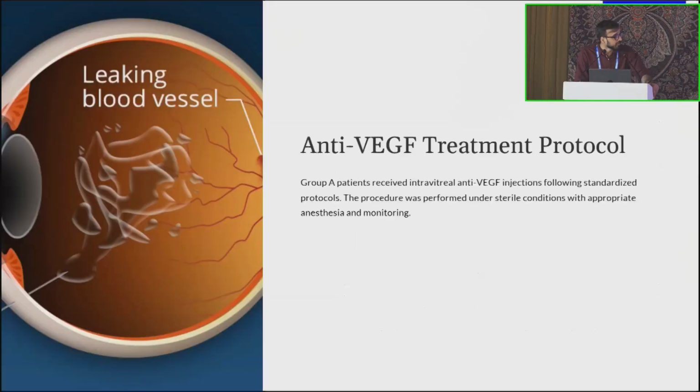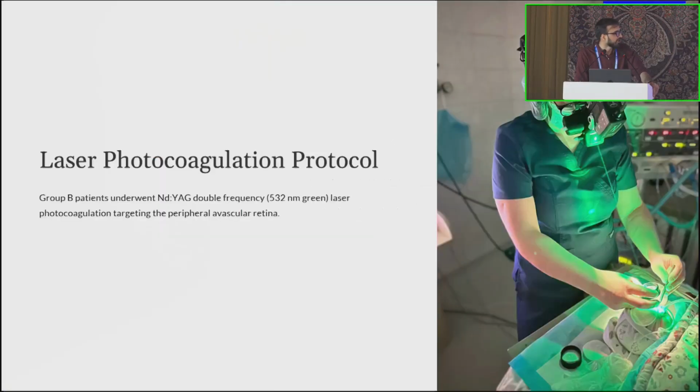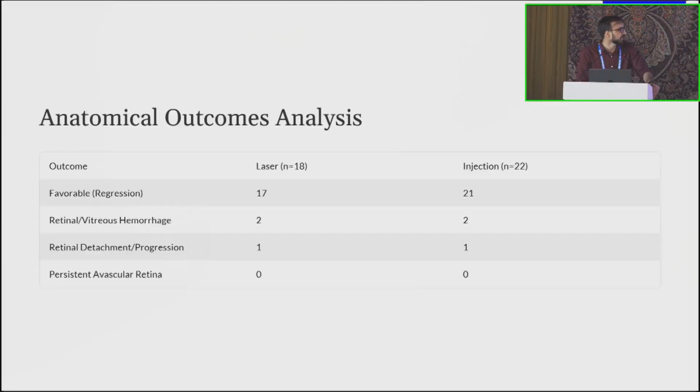Anti-VEGF was given in group A under a standardized protocol, and laser was given with the NdYAG double frequency green laser, targeting the avascular area. On anatomical analysis, 17 patients out of 18 showed regression, and 21 patients out of 22 showed regression, showing favorable outcomes.